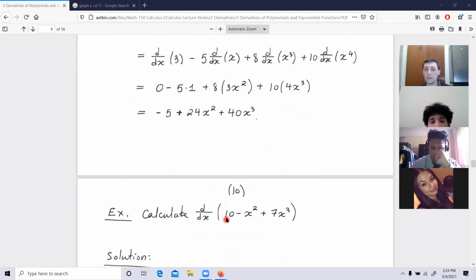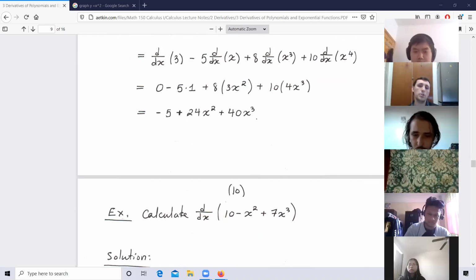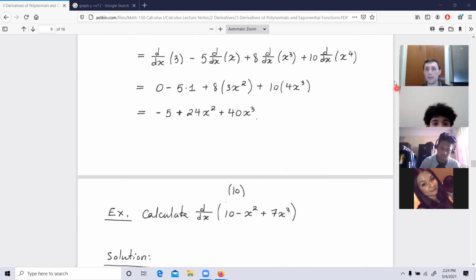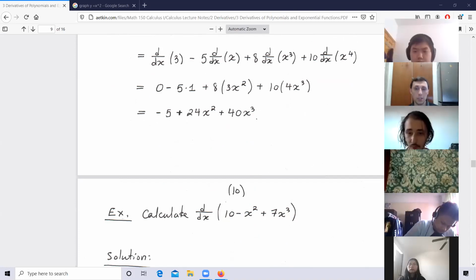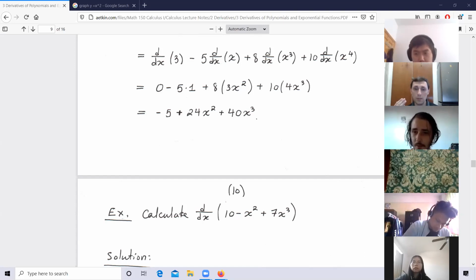Now calculate the derivative of this quickly, guys. By the way, how do you answer questions on the exam? Let's say I say calculate. Some people are so terrified of me, they go right away and go by definition. Did I say by definition? No, I did not. So your goal is to answer the question as it's stated, what was asked. If I say use the definition of a derivative to compute the derivative and you do it by shortcuts, I give you 0 points.